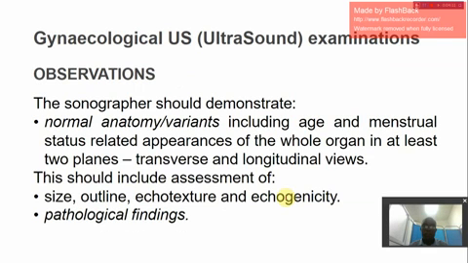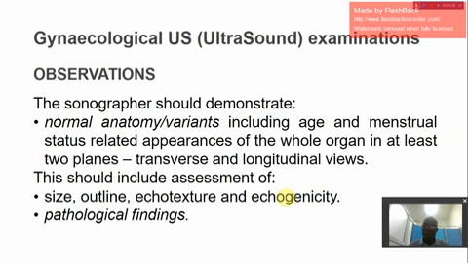Gynecological ultrasound examinations. Let's look at some observations of how to scan the organs. What are the sonographic anatomy of these organs? Are we seeing, or are we scanning normal anatomy, or the variants, including age and menstrual status related to appearance of the whole organ in at least 2 planes?